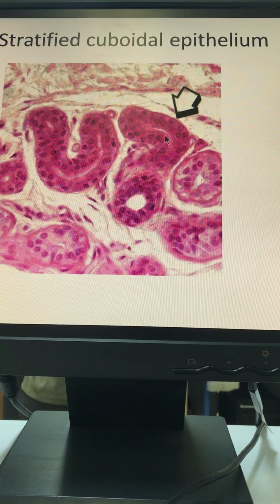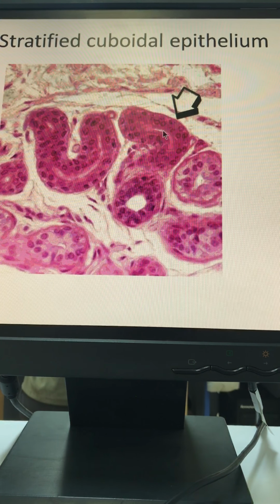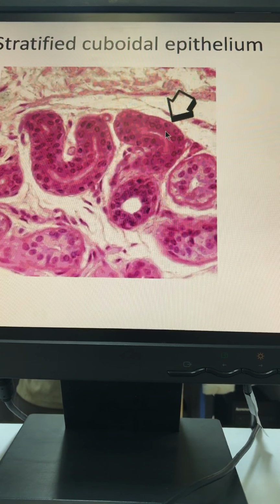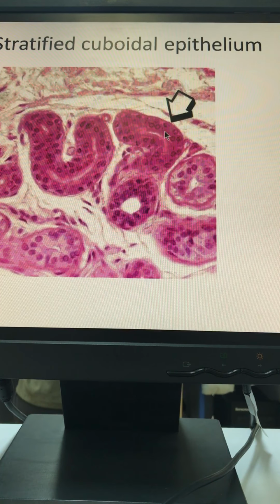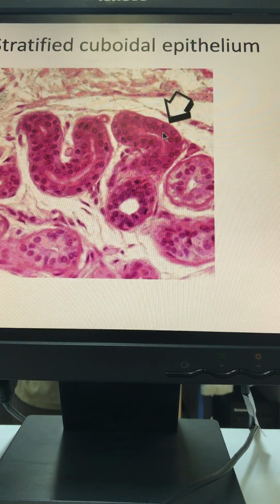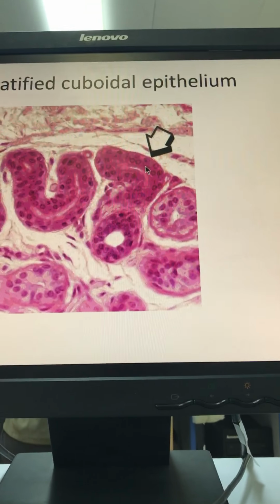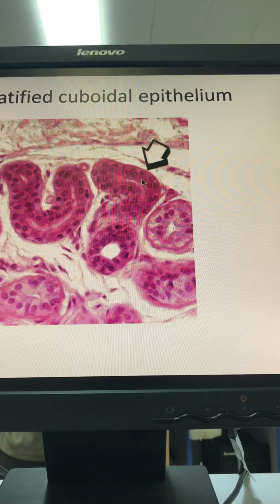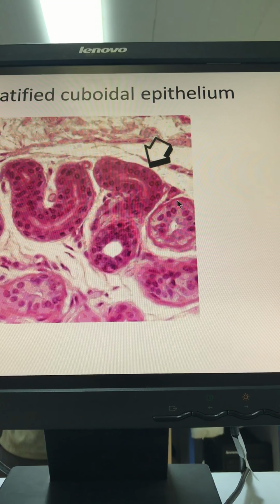Actually, this section is from the sweat gland and its duct. Stratified type. Where do you think we need more protection, within the duct or the gland? Protection in the passage or in the gland? In the passage, which is the duct. The excretory portion of the sweat gland, which is the duct, is lined by stratified cuboidal epithelium, while the secretory portion, which is the gland itself, is lined by simple cuboidal.